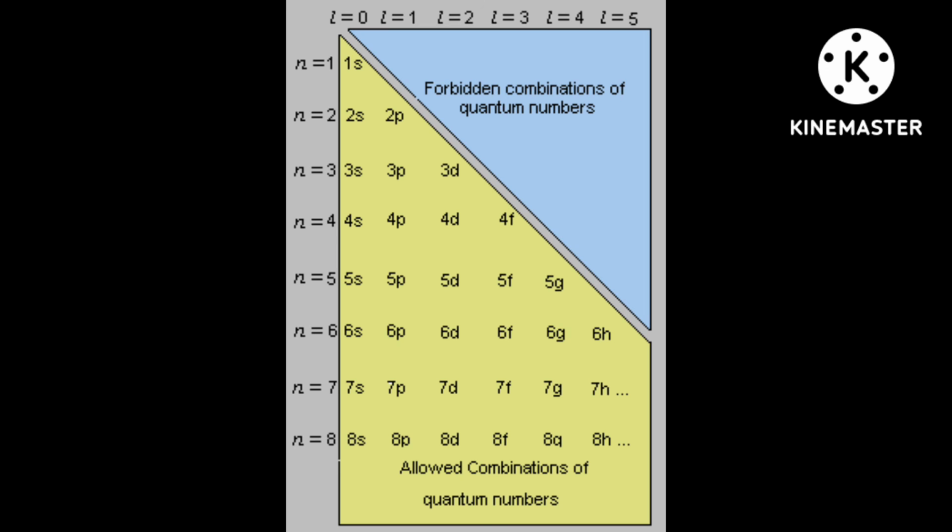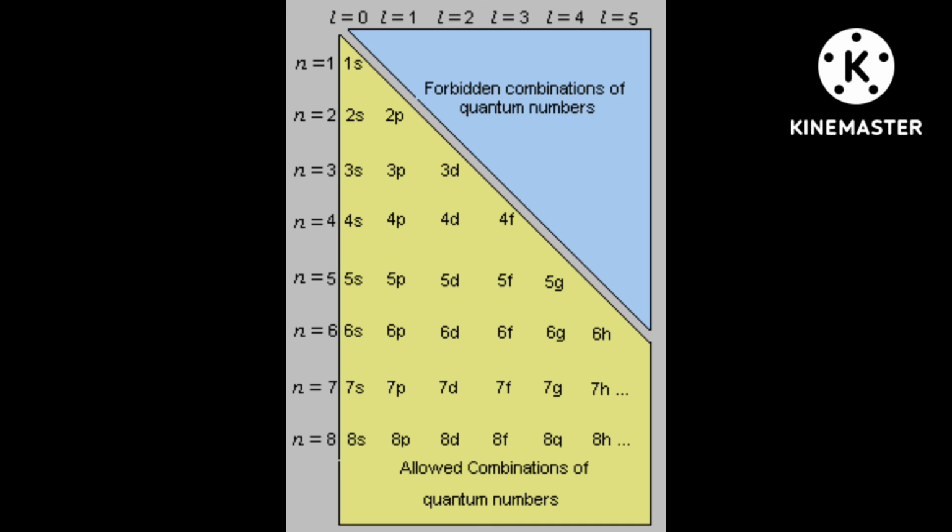You can tell this is the spin angular momentum of the electron. This is a vector quantity. This can have two orientations relative to the chosen axis.